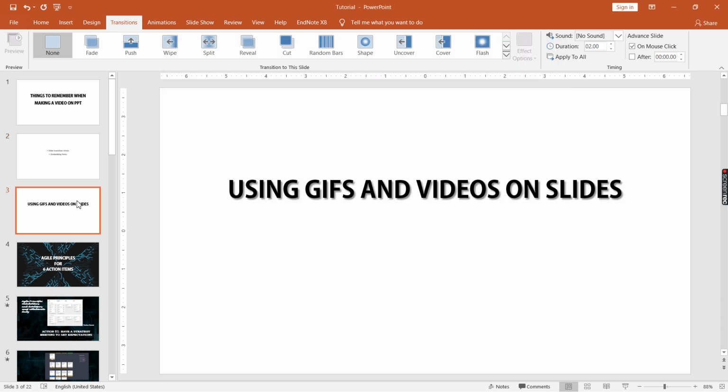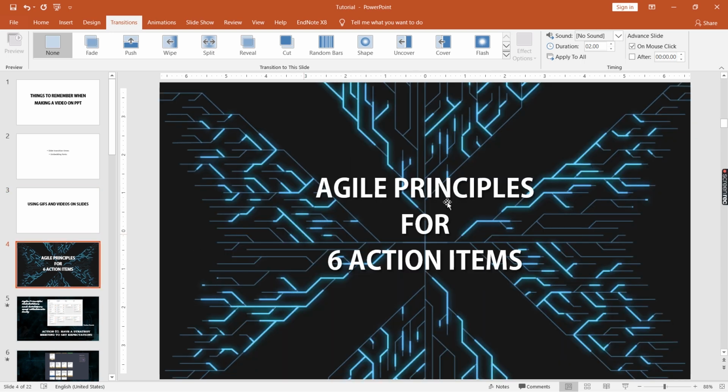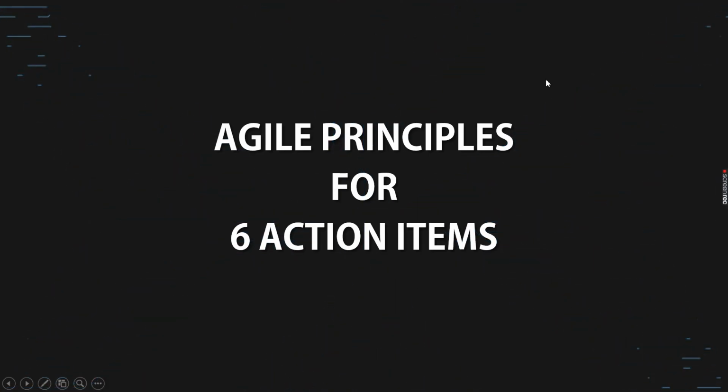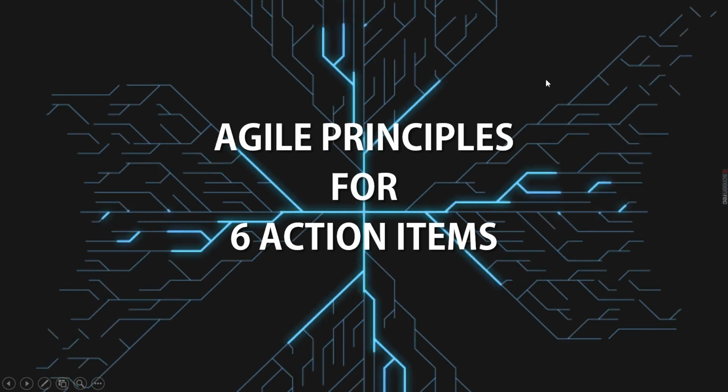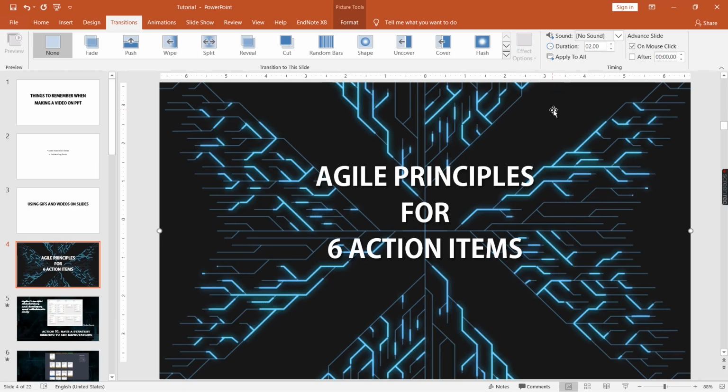Now we get to the fun part: using GIFs and videos on slides. This was the format I used for most of the headings. Right now what you see is just an image, but when you go into presentation mode, it's magic, but it's not. This is a GIF image.